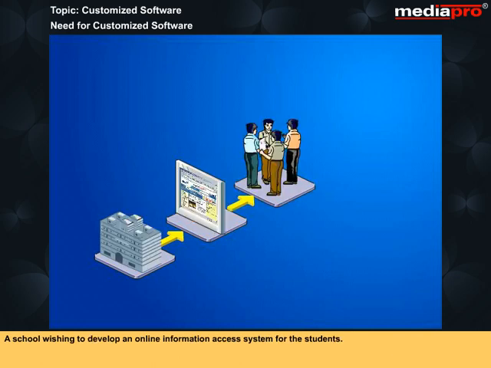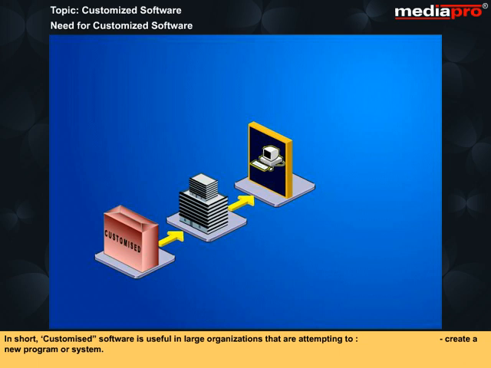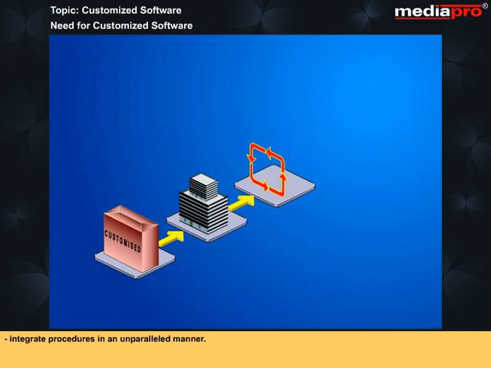A school wishing to develop an online information access system for the students. In short, customized software is useful in large organizations that are attempting to create a new program or system, improve or modify an existing system, integrate procedures in an unparalleled manner.